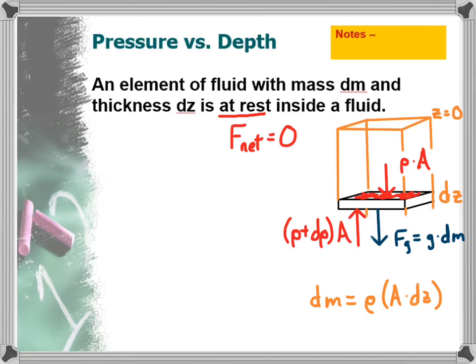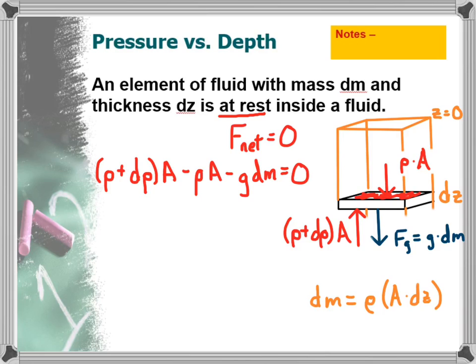So we're going to start off with this pressure on bottom, and that's pointing in the positive direction. And we're going to subtract off of that this pressure on top, so we say it points in the negative direction. And then, of course, gravity is pointing downward, so we can say g times dm equals 0. Alright.